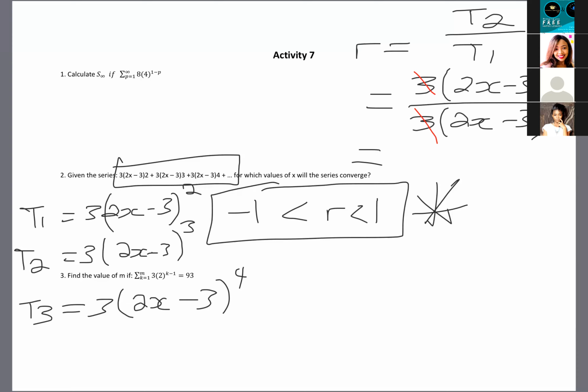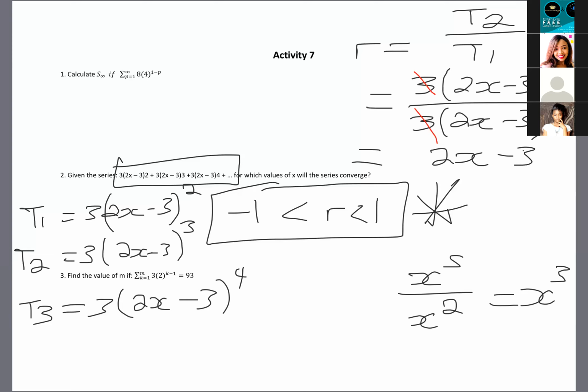You don't have to expand them. Can you see that inside the bracket, we have the exact same thing? So it's the same as me having x to the power of 5 over x to the power of 2. If I simplify that, it's x to the power of 3, right? So here, I'm just going to have a 2x minus 3 left, because these two are going to cancel, and then I'm going to be left with 1 here on top. Makes sense? Okay, cool.